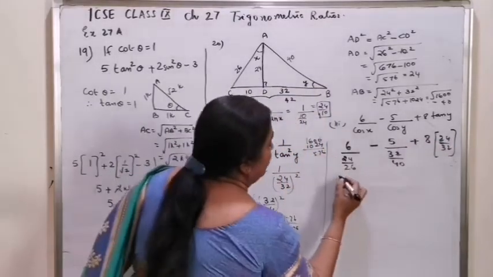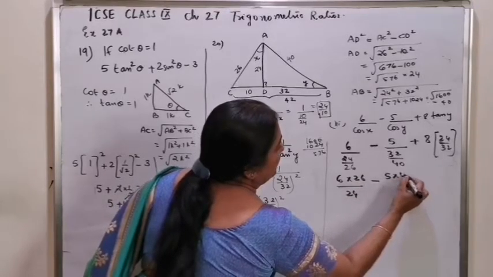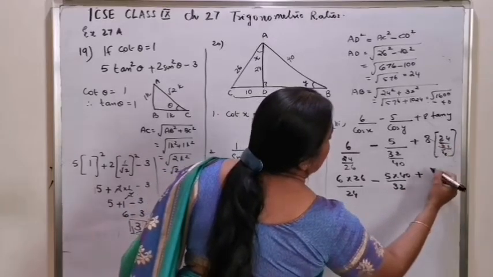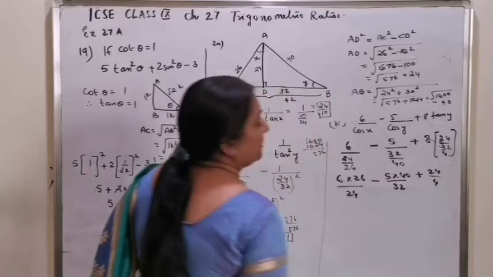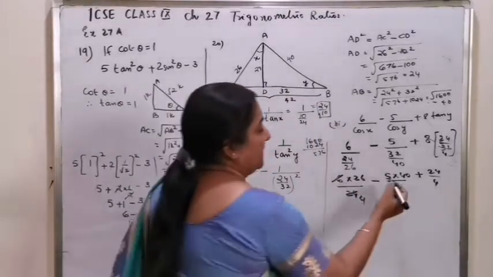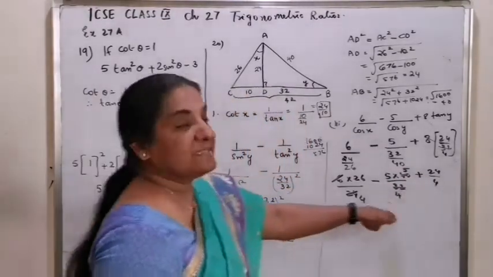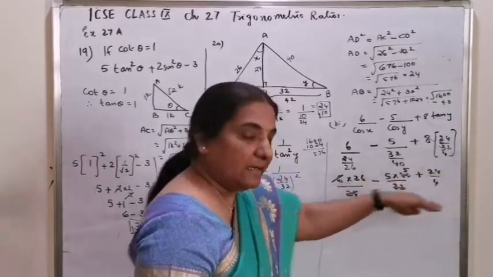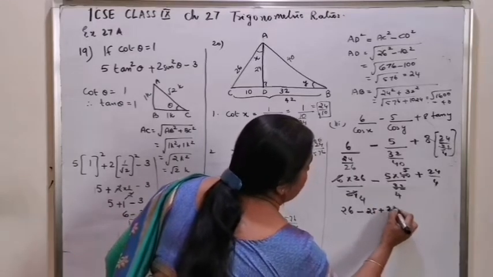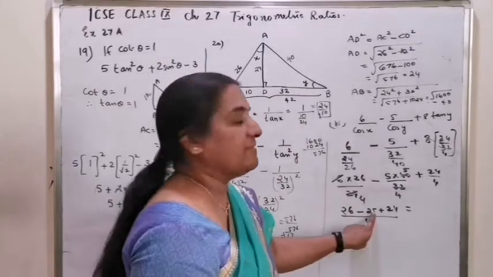First you reverse it with a reciprocal. 26 by 24 minus 5 into 40 by 32 plus 32 by 24 into 8. You can reduce: 6 4s are 24, 8 5s are 40, 8 4s are 32. So let's take the common LCM, 26 minus 25 plus 24 by 4, which is 26 minus 25, that is 1.